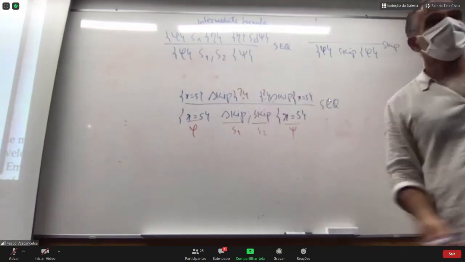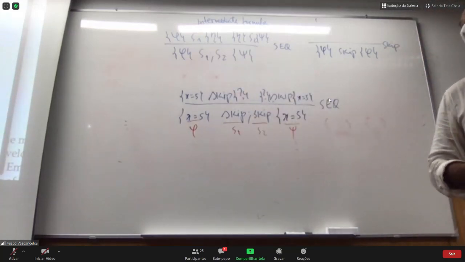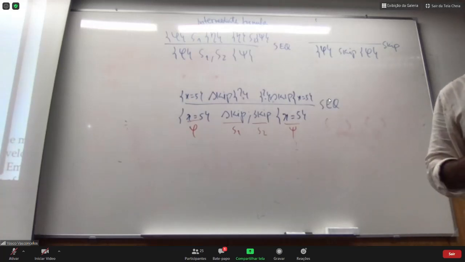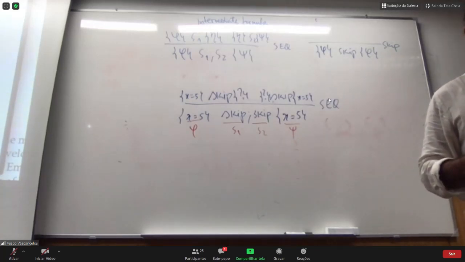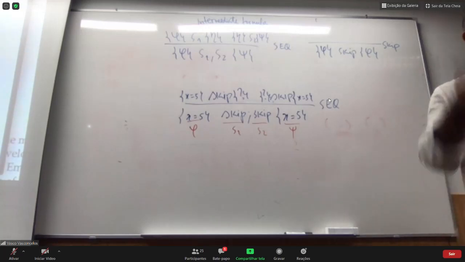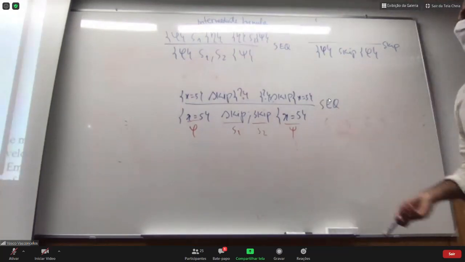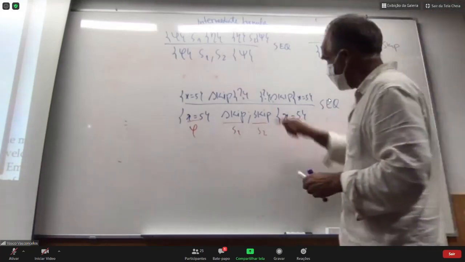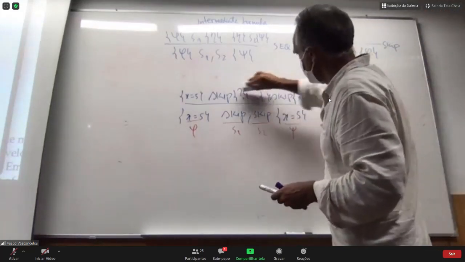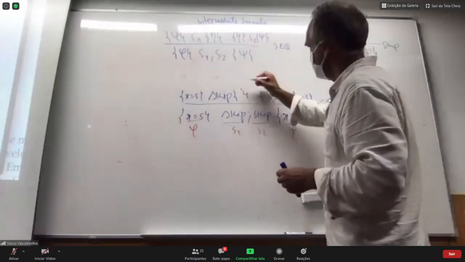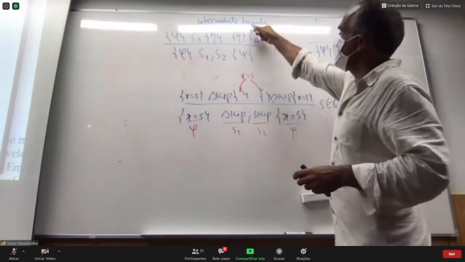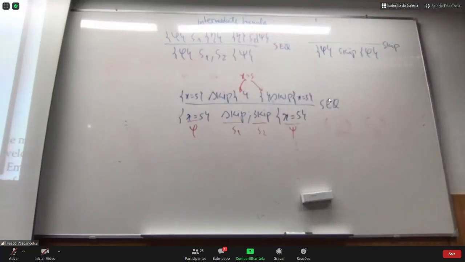From right to left, yeah. In this case it doesn't matter, but if you have assignments like the next one, you always go from the end to the beginning. You have to reason backwards. But in this case, with no assignments, it is okay. So this is the intermediate formula. You have to figure out which form it is.